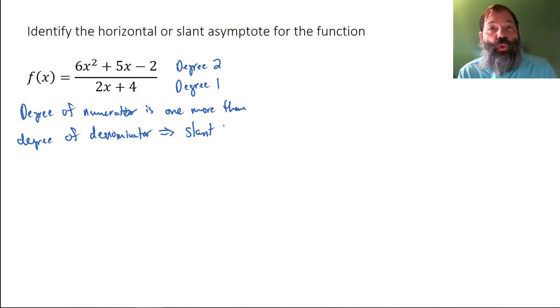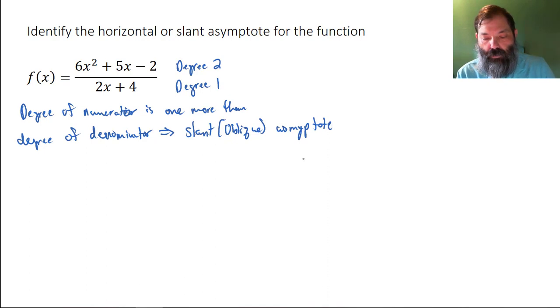Some textbooks call it an oblique asymptote. I spelled it wrong.